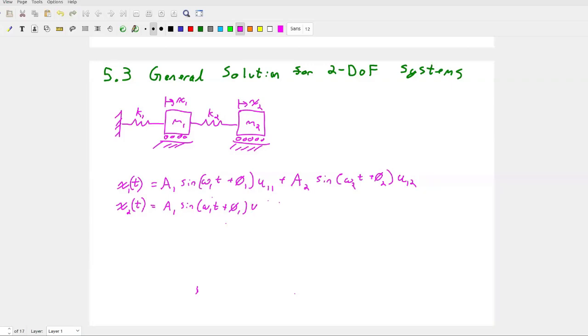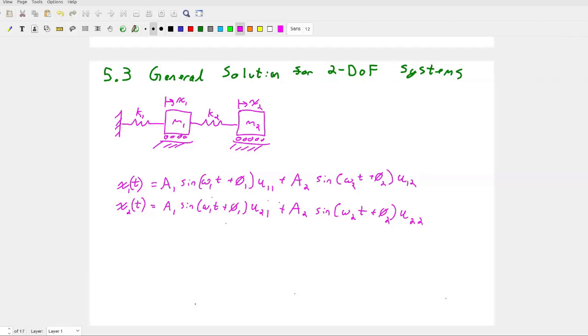But now I'm going to have my modal element 2 for mode 1, plus A2 sine of omega 2 t plus phi 2, times u2, 2. That's my modal element for u2, 2.